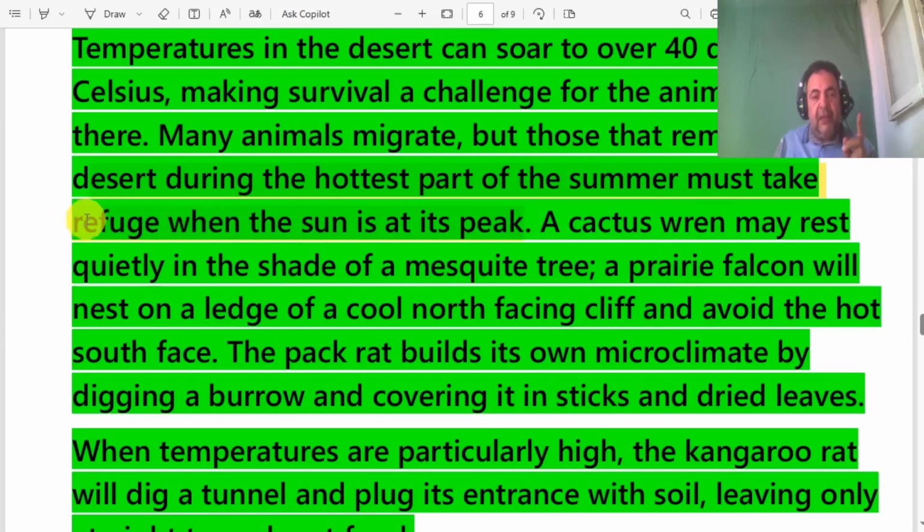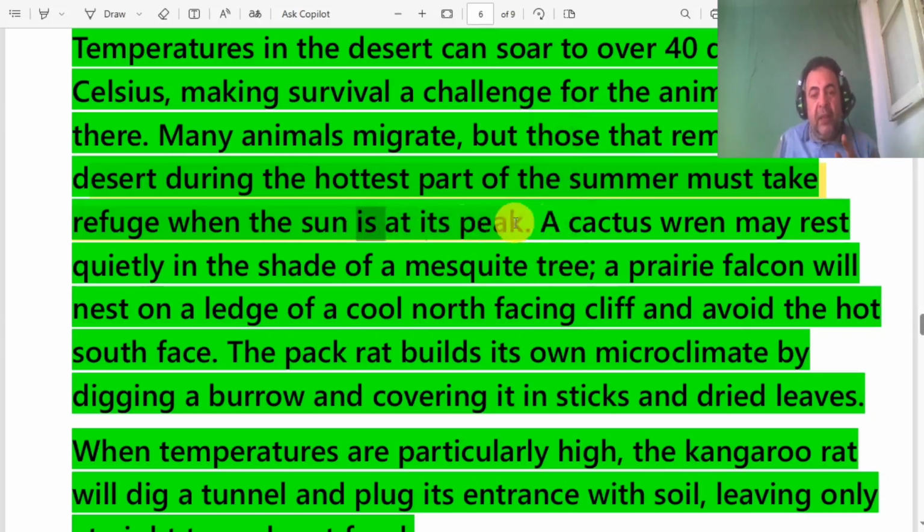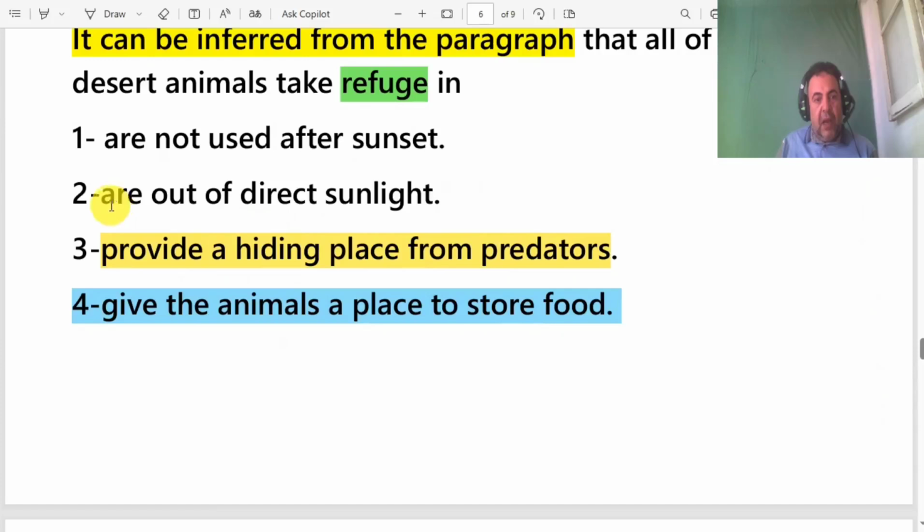During the hottest part of the summer they must take refuge when the sunlight is at its peak. What does it mean, at its peak? It means directly into the sunlight, facing the sunlight directly without any protection. So this word means that the places are out of the direct sunlight. It means this is the right answer.